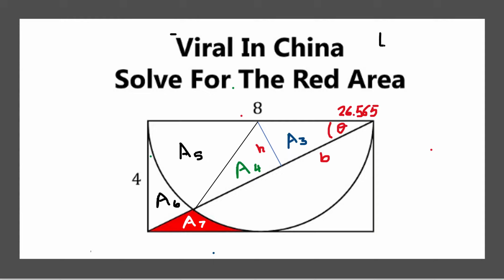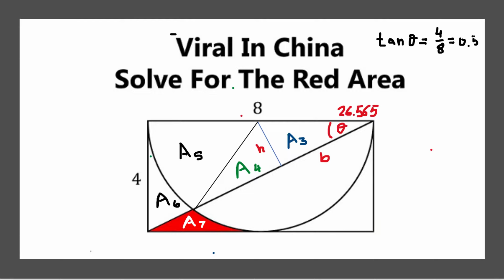In other words, tangent theta is equal to the opposite side of the triangle divided by the adjacent side. The opposite side is 4 and the adjacent is 8. So it's 4 divided by 8, and when we simplify, it's going to be 0.5.